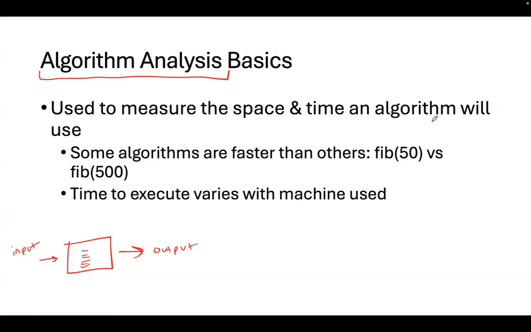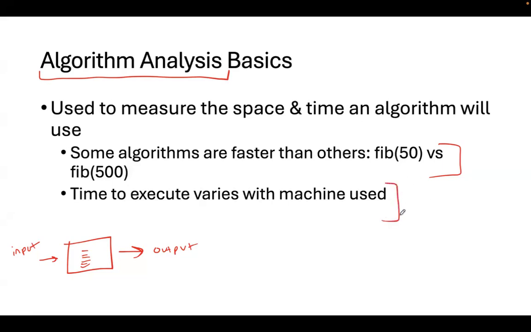Because we saw with Fibonacci that some things are faster than others, right? If I give it fib of 5, it takes like no time at all. But if I give it fib of 50 or even fib of 500, with just the naive implementation, that's going to take forever, right? So there has to be a way to express that and say, this algorithm is worse than this algorithm. And so that's why we need this.